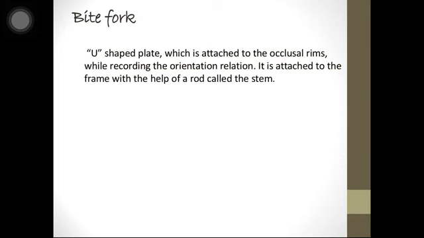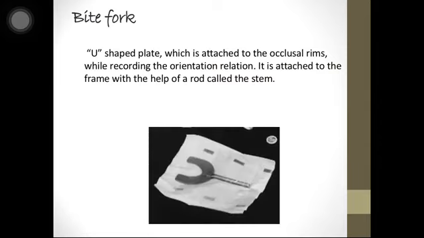Then the bite fork, which is a U-shaped plate and is attached to the occlusal rims, and while recording the orientation relation, it is attached to the frame with the help of a rod called the stem. This is the place where maxilla is oriented. Now the previous ones, the opening axis or the center of condyles were being recorded.